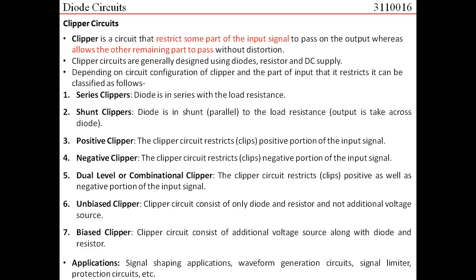But suppose we talk about a trapezoidal waveform. We are aware of a trapezoidal shape in geometry, a trapezoid. If I want to have a trapezoidal waveform, then maybe we would be able to obtain such waveforms using clippers. Further, clippers are also used as signal limiters or protection circuits.